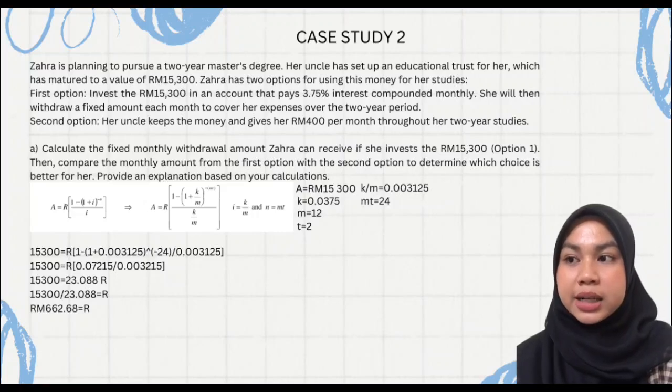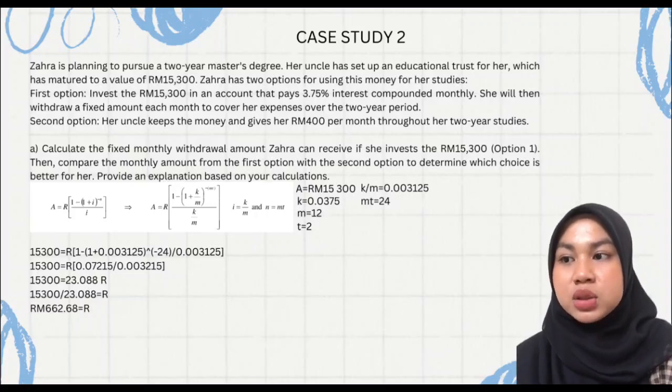15,300 ringgit equals R [1 minus (1 plus 0.003125) to the power of minus 24] per 0.003125. 15,300 ringgit equals R times 0.07215 per 0.003125. 15,300 ringgit per 23.088 equals R. So the answer is 662.68.